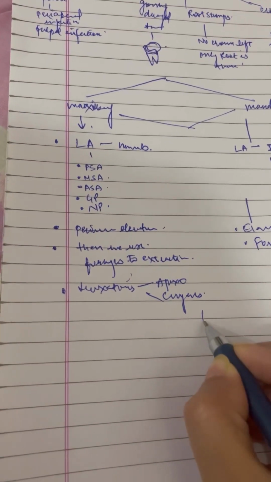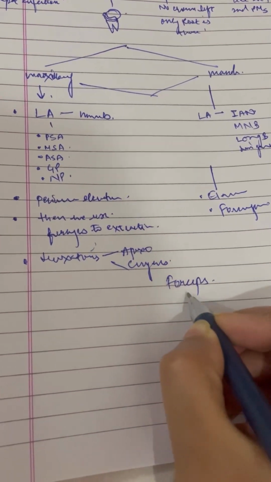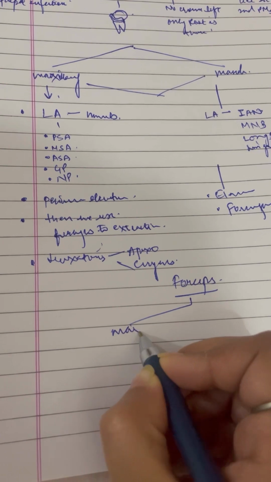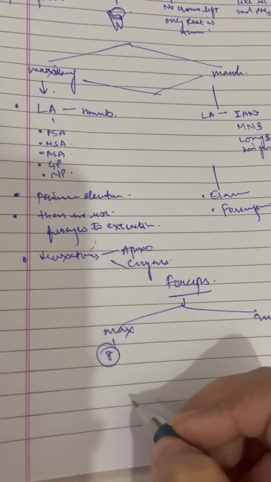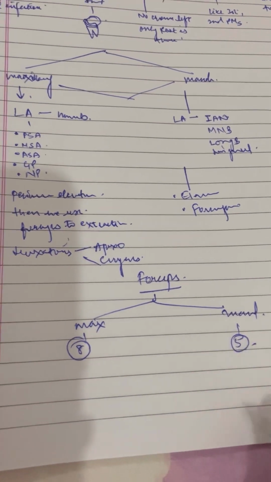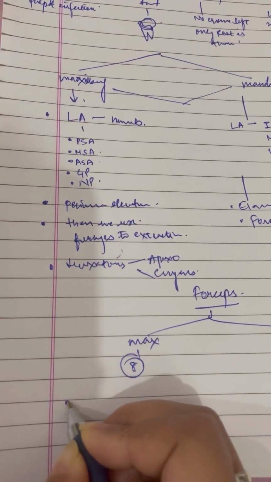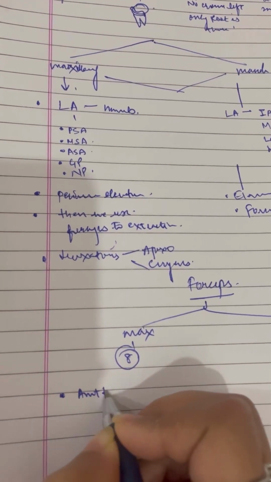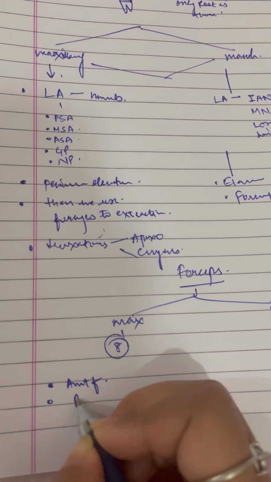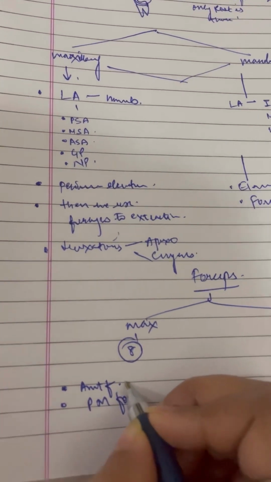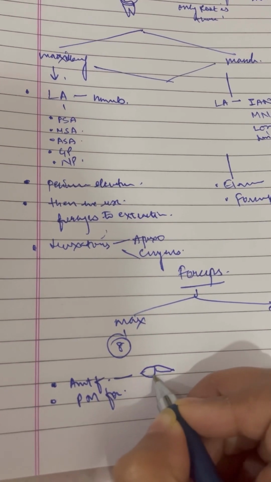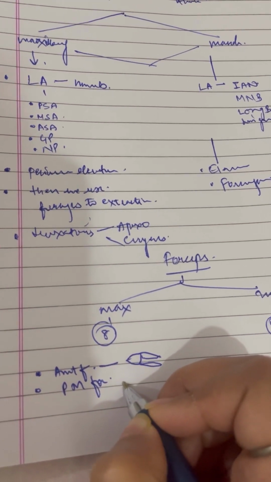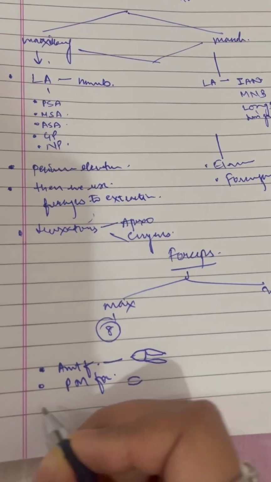So now we discuss forceps used in extraction, maxillary and mandibular. In case of maxilla, we have 8 forceps, and in case of mandible, we have 5. In case of maxilla, we have anterior forceps and premolar forceps. Anterior forceps has no space in between its beak, while premolar forceps has some space in the beak.